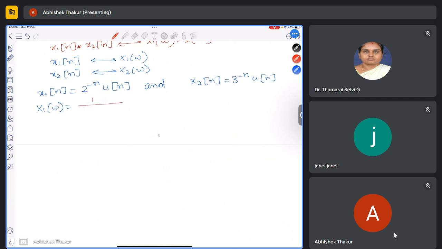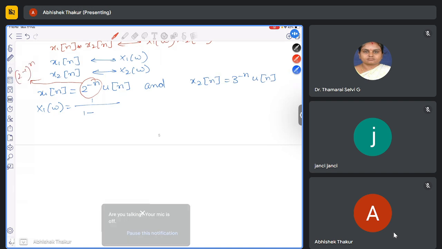Here, if it is 2 to the power of minus n, this can be written as (2 to the power of minus 1) to the power of n. So a is 2 to the power of minus 1, so X1(omega) will be 1 by 1 minus 1 by 2 e to the power of minus j omega.